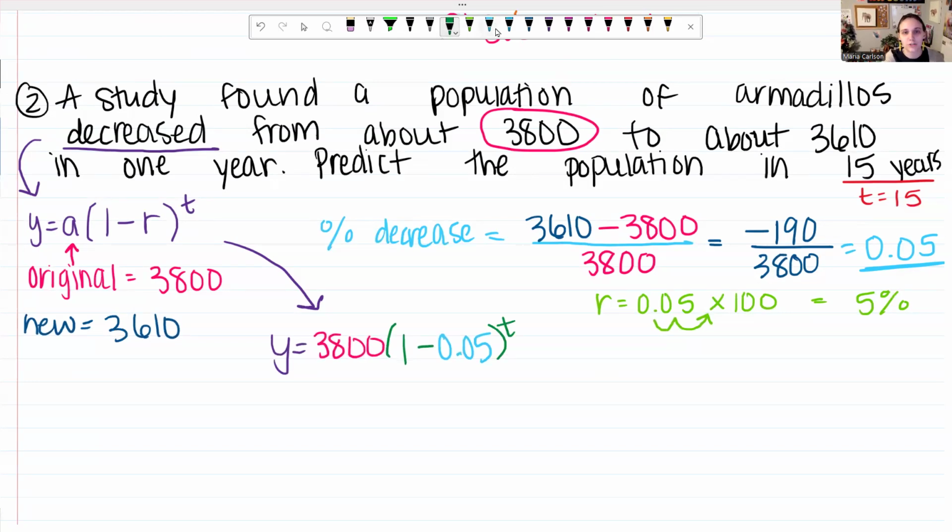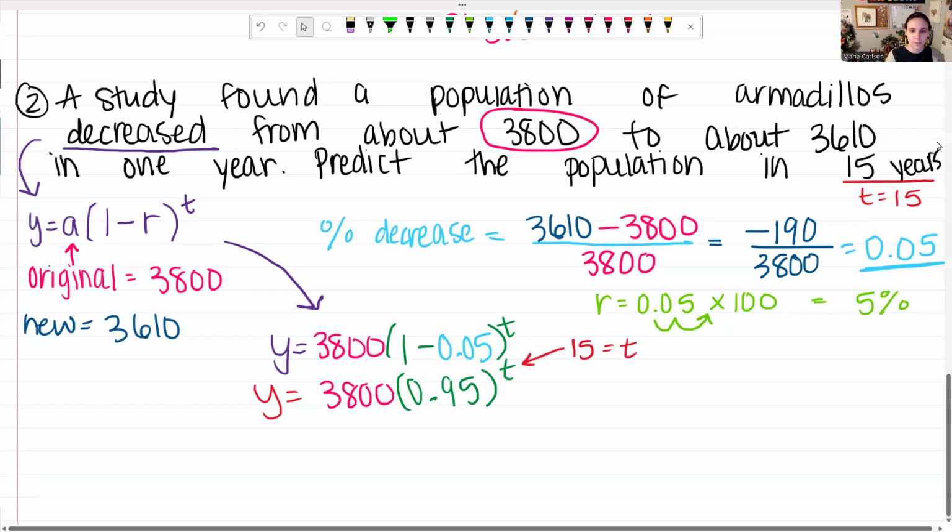So now using this rate to write a nicer equation, this is going to be still 3,800 times 1 minus 0.05 is 0.95. 1 minus 5 hundredths is 95 hundredths, and that is raised to this t power. So again, I need to let t equal 15. We're interested in 15 years. So I'm going to let t equal 15.